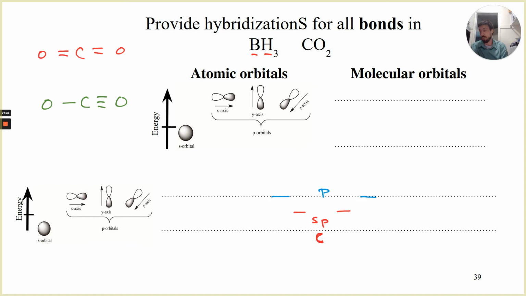Okay, it's a little bit weird to say that because these are still technically atomic orbitals because we're looking at the hybrids. If we now draw on our oxygen, well, in the red structure, our oxygen starts, you might say, well, it only has one group of electrons, it's not hybridized. But remember, lone pair electrons that I said I was always going to include, and I forgot, I apologize. But there are lone pair electrons around those. So if we're looking at our red structure, that red structure is oxygen is sp2 hybridized. And so if we were to go through and do that, we need 3 groups of electrons for our oxygen. 1, 2, 3.